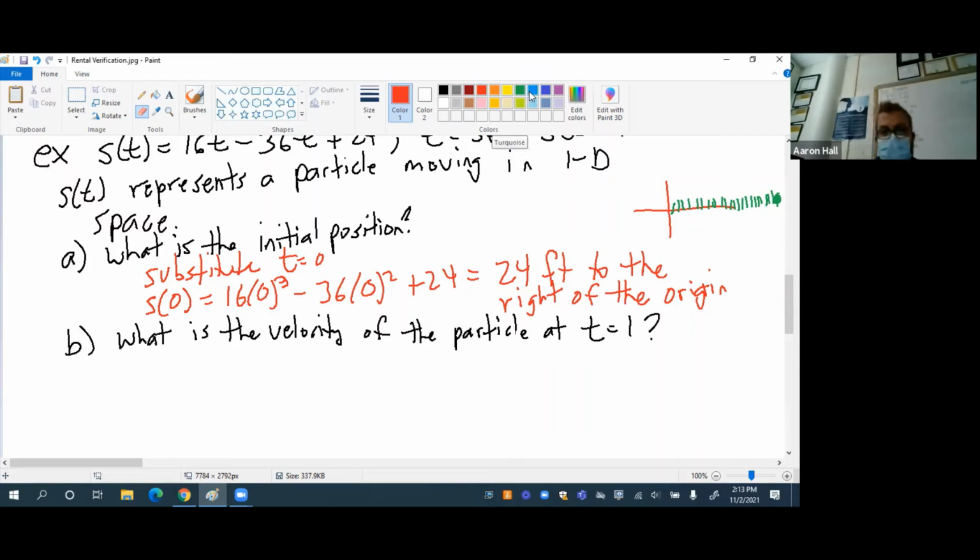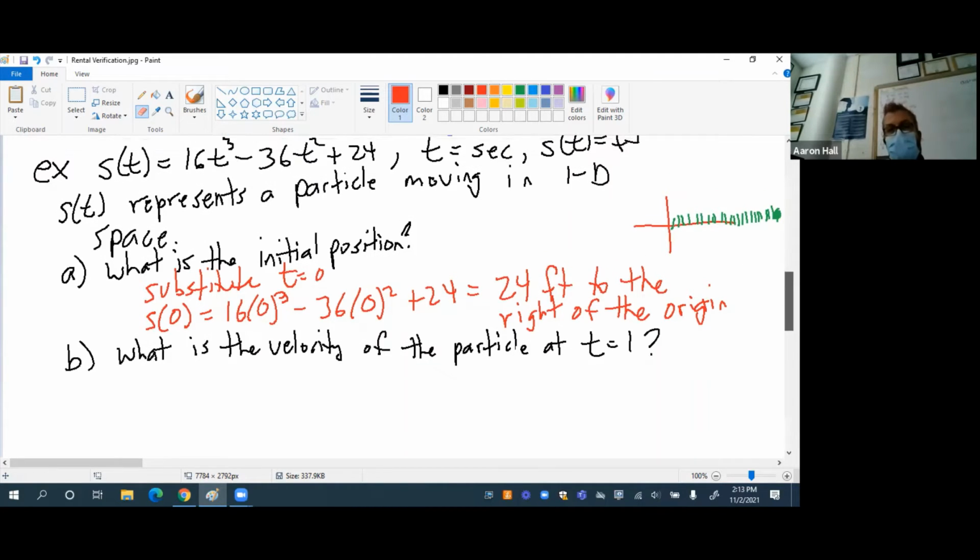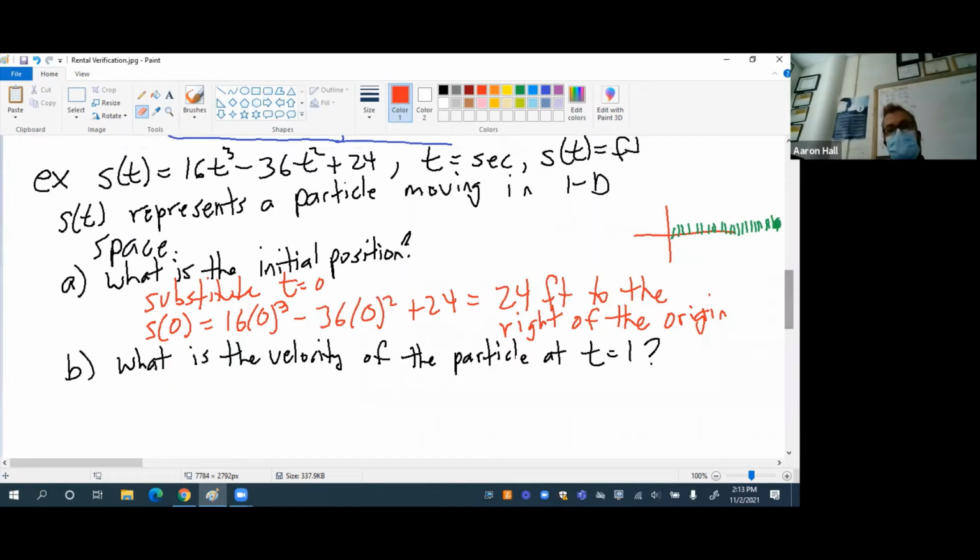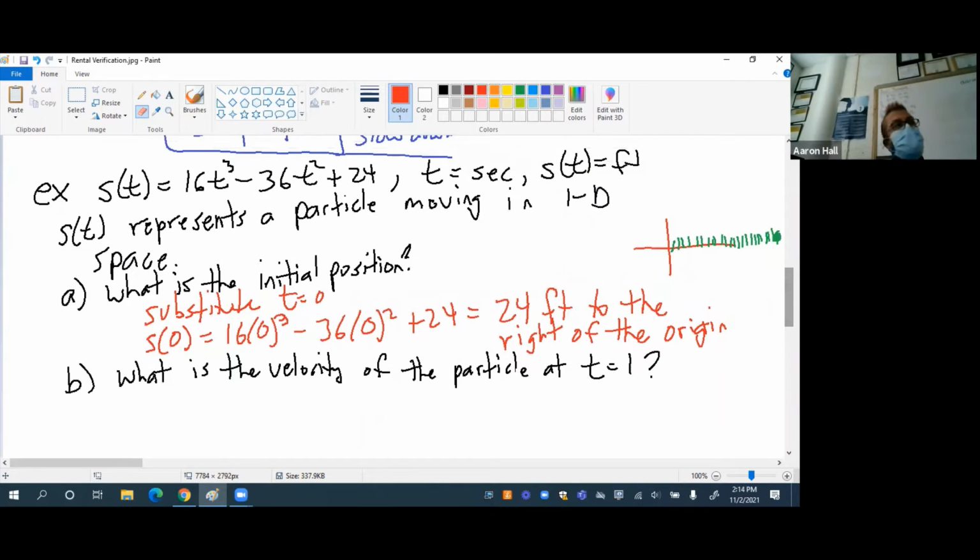How do we figure that out? How do I find my velocity?